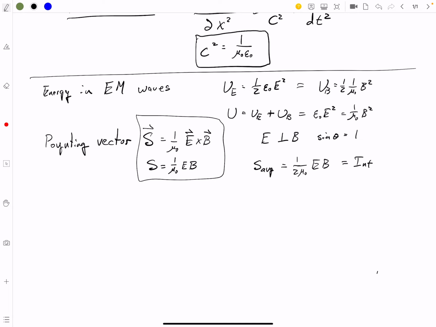So now that we have intensity, and we know that it's 1/2 of what S normally would be, so let's do a chain of what S is equal to. It's equal to U times C. Well, U times C is just this, or C times 1 over mu naught B squared, or 1 over mu naught EB.